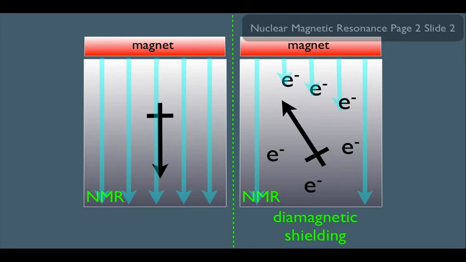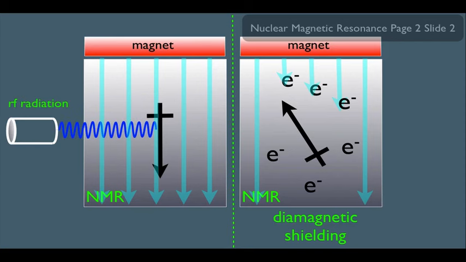However, what if we do something like this? Let's say we hook up some kind of light source. And this light source has the ability to produce RF radiation, or radio frequency radiation. Remember, this is a form of electromagnetic radiation, which means this light is carrying energy and delivering its energy to the H atom.